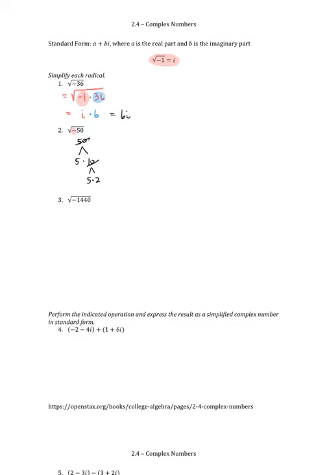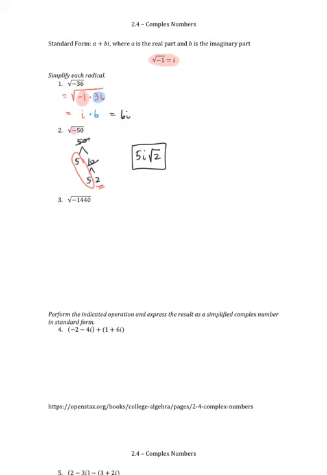So now what I'm looking at is the pairs and the singles. Remember, the pairs come out and the singles stay under the radical. So the negative comes out as an i. The pair of 5s comes out as a 5. So that will be 5i, and the 2 stays under the radical. So that would be the simplified version of the square root of -50.